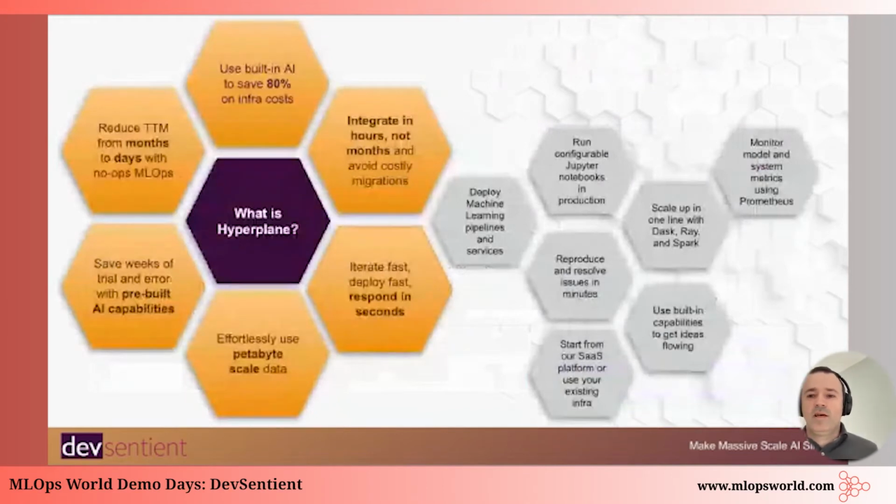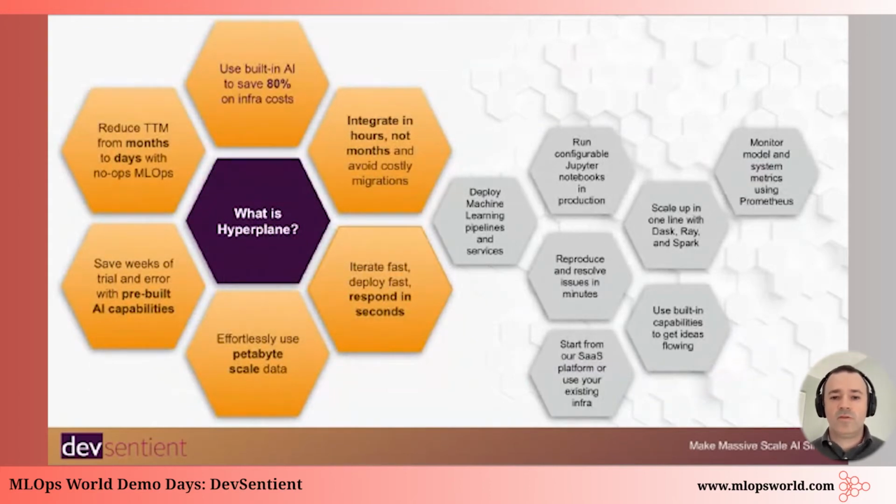So what is Hyperplane actually? What does the platform do? The platform is designed as an end-to-end workflow solution. It's not designed to solve only one step in that process, and it's not designed to reinvent the wheel in any way. What Hyperplane does is tie together the best point solutions out there, the best open source and commercial products that can solve specific steps in the data science workflow.